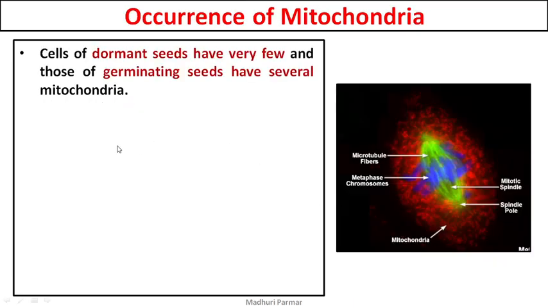The cells of dormant seeds have very few mitochondria. Just think of the wheat grains that your mother has stored at home, or the rice.